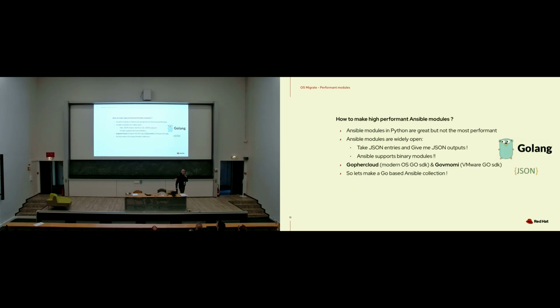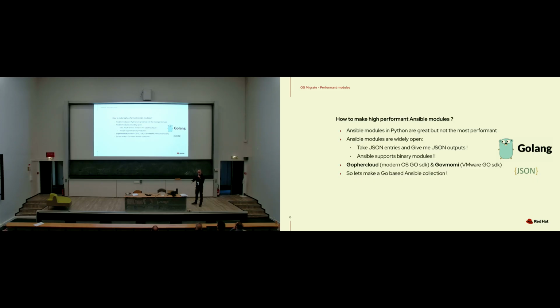Then, for the Ansible modules, the question was how to make the most performant Ansible modules, because performance is really the cornerstone of all of this. As you may know, Ansible is purely Python, and most of the Ansible modules that we have seen so far are written in Python, so that's great, but this is not the most performant language when we are talking about this specific topic.